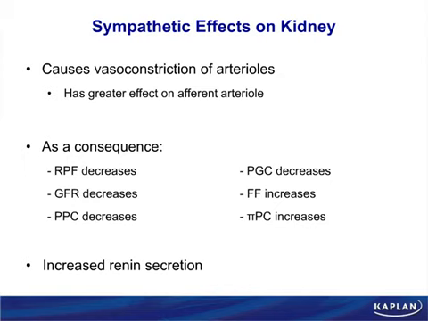Beta blockers decrease afterload on the heart by inhibiting renin secretion, because renin leads to angiotensin II. Angiotensin II vasoconstricts your peripheral arterioles, and vasoconstricting the peripheral arterioles increases afterload on the heart. So beta blockers reduce afterload on the heart by inhibiting renin secretion. That's a high-yield point that they like to ask you on the exam.